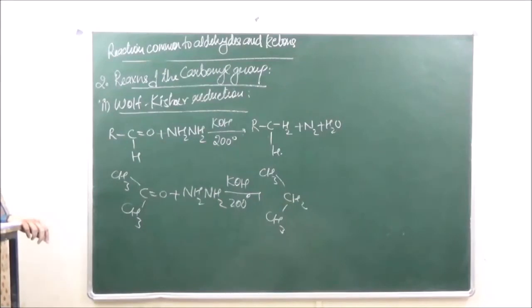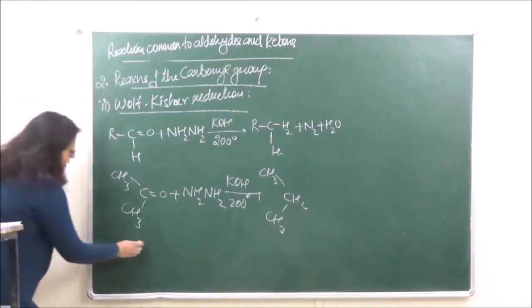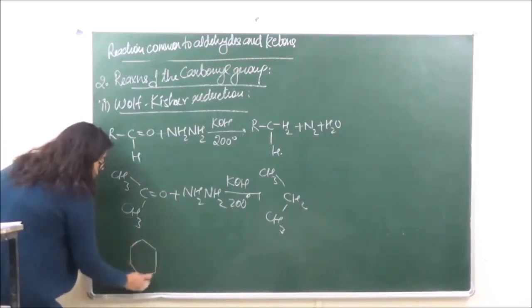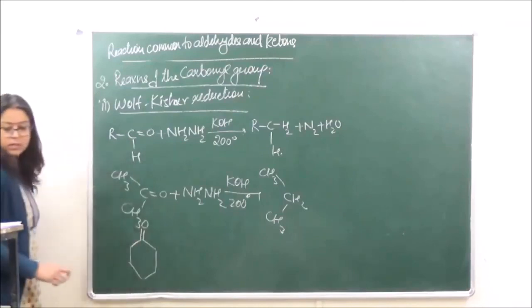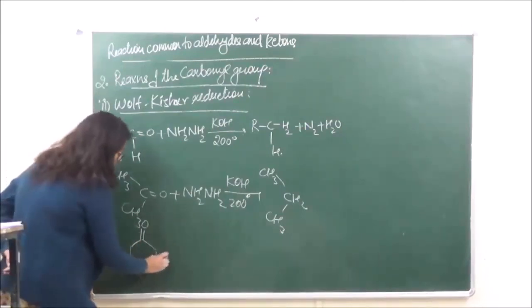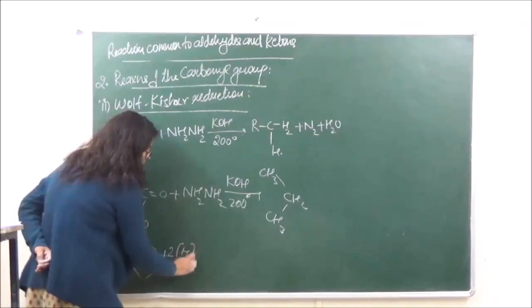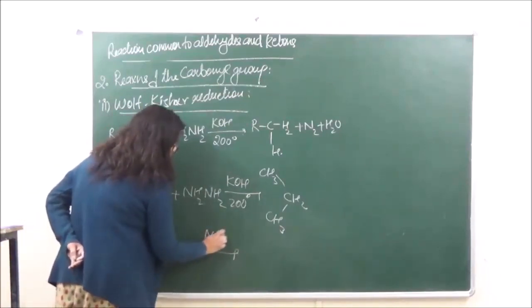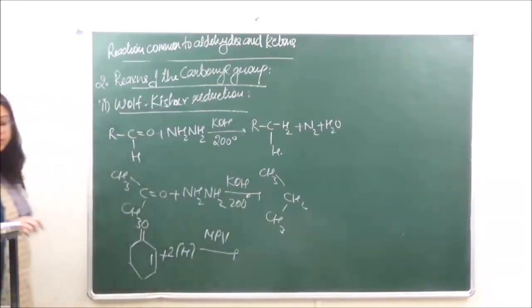Now we do MPV reduction here. MPV again is a reagent which we can use over here. So we're taking a cyclic compound. This is cyclohexenone. We are using a reagent.